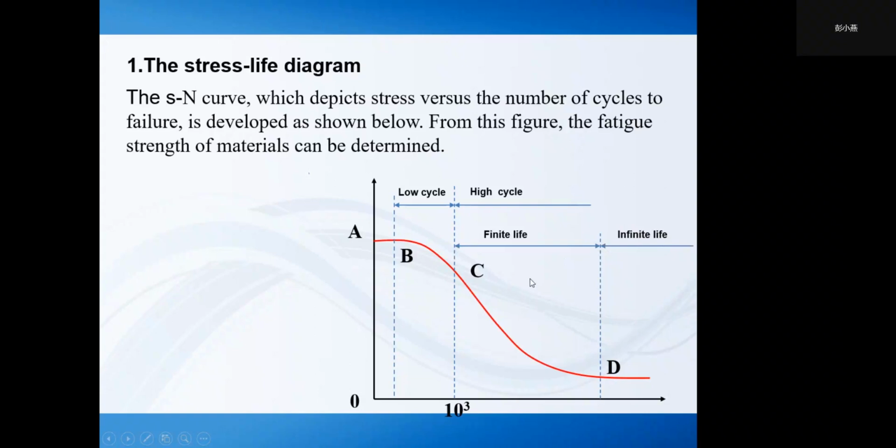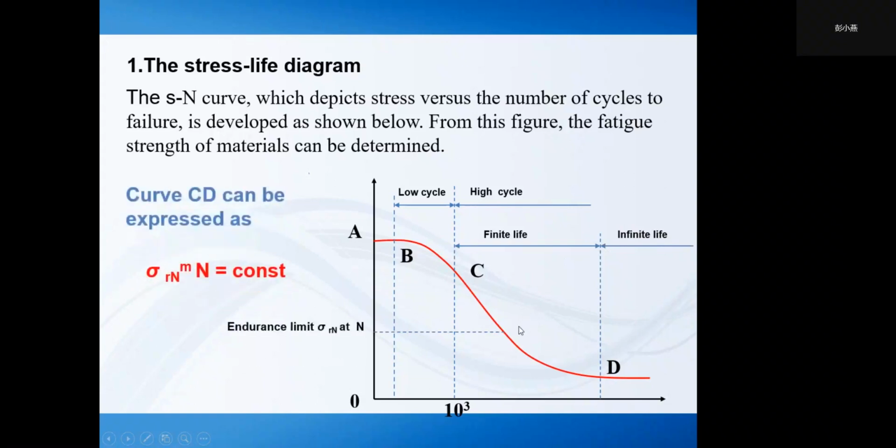The stress corresponding to a number of load cycles N is defined as fatigue stress or endurance limit sigma R N. R is the stress ratio and N is the number of load cycles.